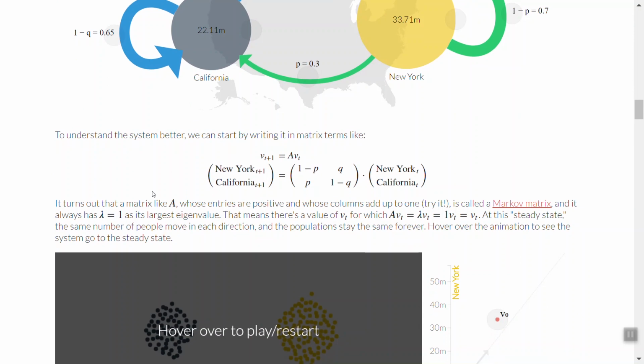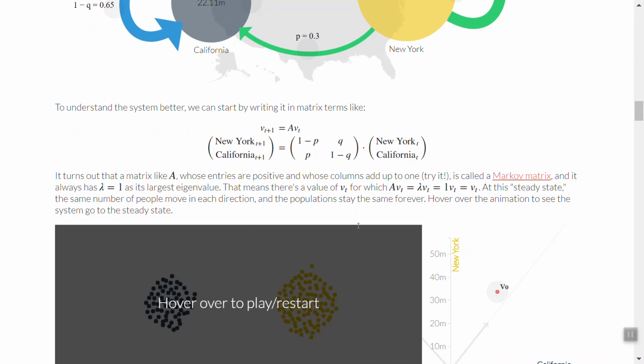It says here that a matrix like A, whose entries are positive and whose rows add up to 1 (the way we wrote our matrix), is called a Markov matrix, and it always has lambda equal to 1 as its largest eigenvalue.